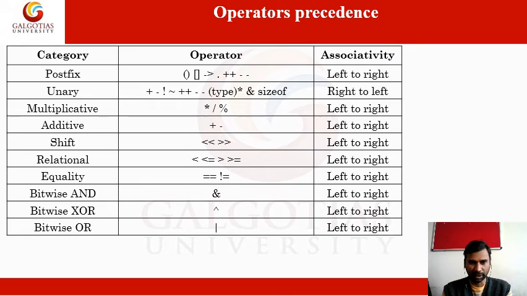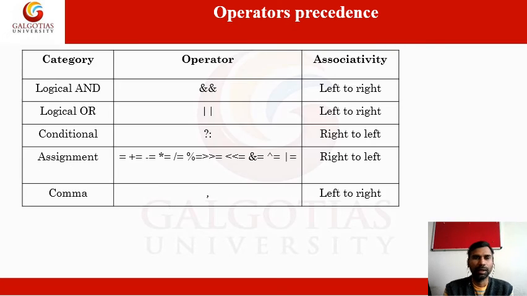The fourth preference is addition and subtraction, and the fifth is shift operators. The sixth is relational operators, greater than, less than. After the relational operators come the equality operators, whether it's equal. Next are bitwise operators, logical operators, conditional operators, and assignment operators. The last one is comma. This is the precedence, so the preference is like this only.